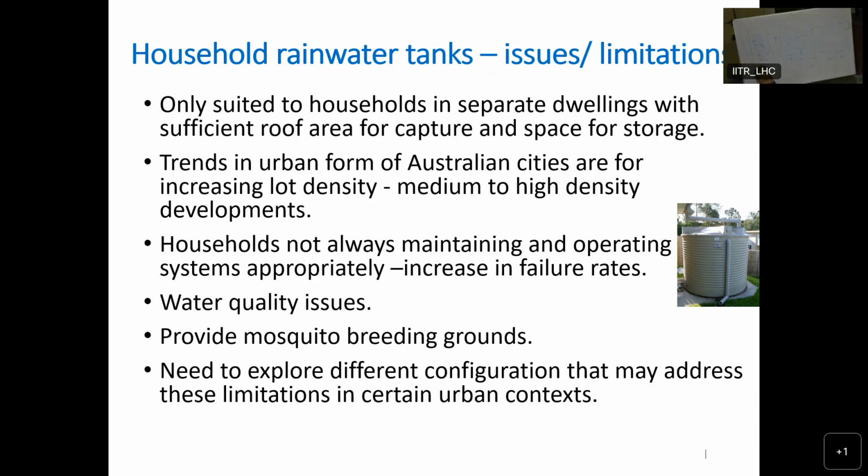But you can have multiple alternative sources. You can also say that for toilet flushing, I'm using a grey water system. All those calculations can be done by simply changing the options.